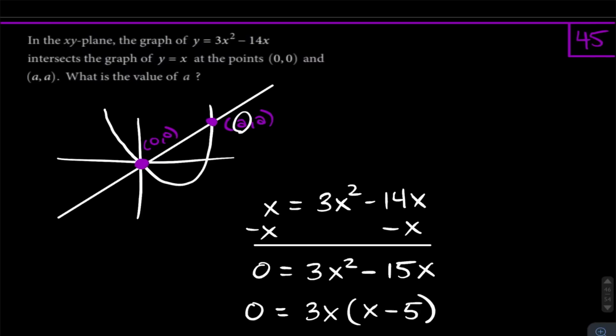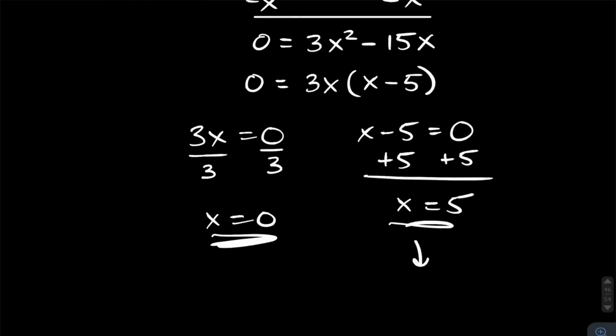And so it's going to be the a here. Now, we don't need to find the y too because we know that from this point, right, the x is the same as the y. They're both a. And you can even do a sanity check here. That would make sense with y equals x, right? If this is equal to 5, this is going to be equal to 5. So we can see here that a is going to equal 5.